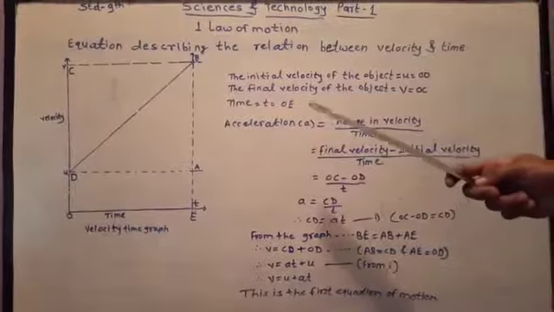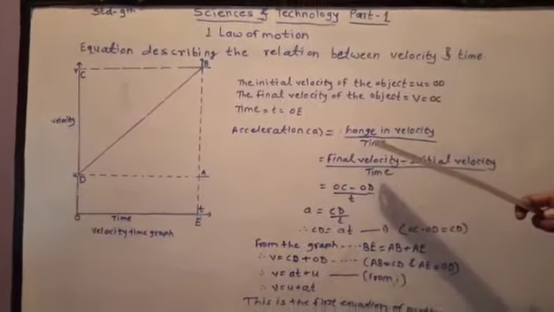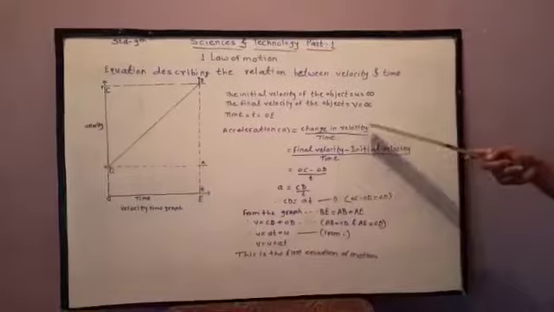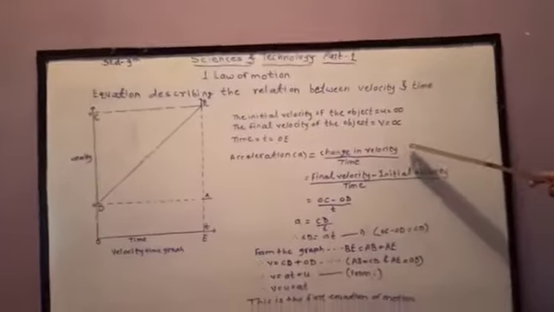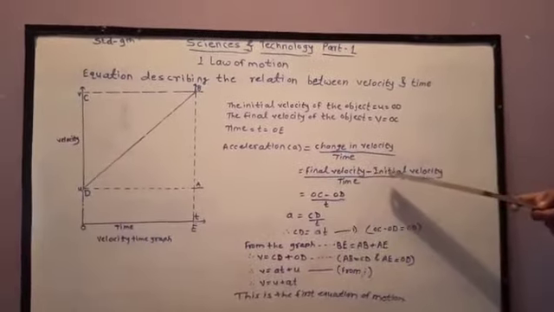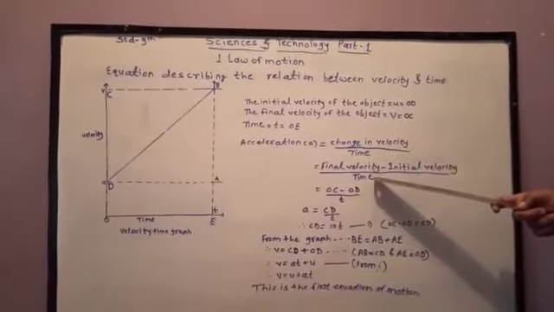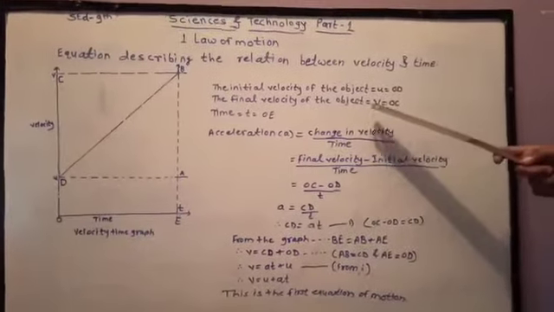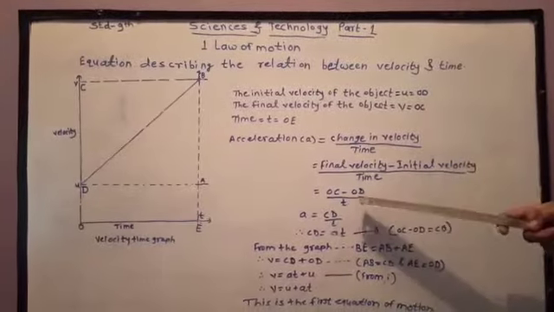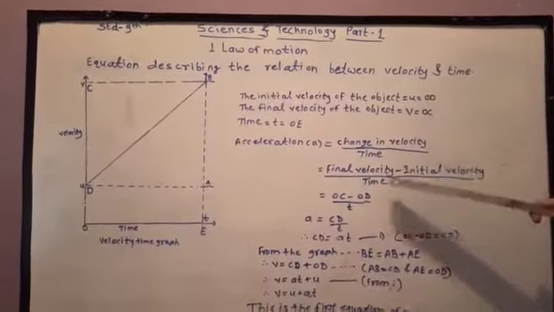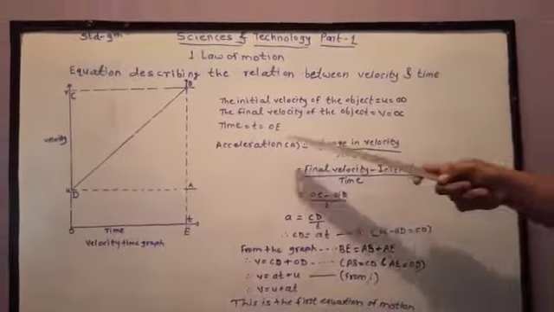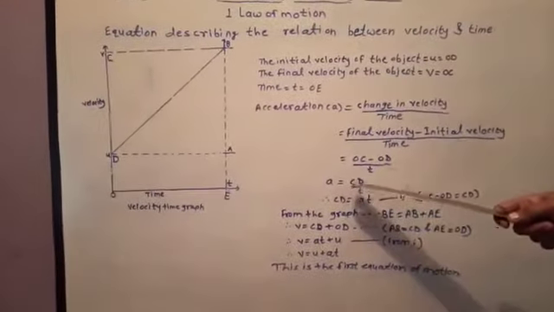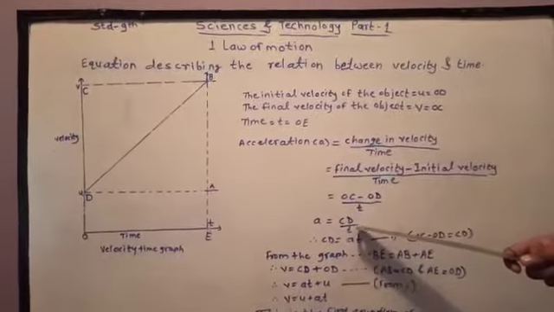The formula of acceleration: a equals change in velocity upon time. Change in velocity means final velocity minus initial velocity, upon time. The final velocity v is OC and the initial velocity is OD, upon time t, equal to CD upon t.